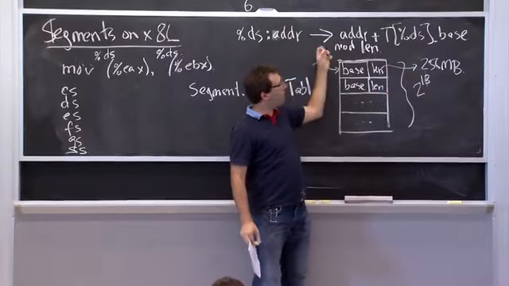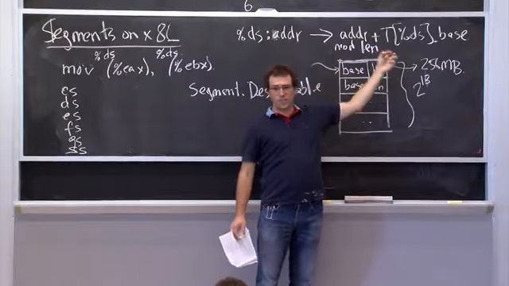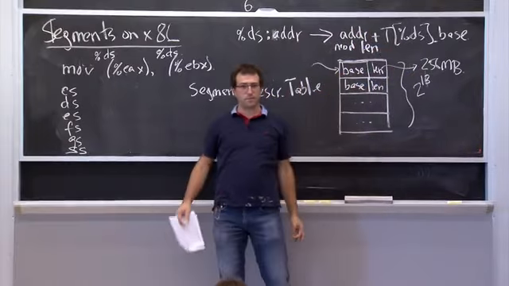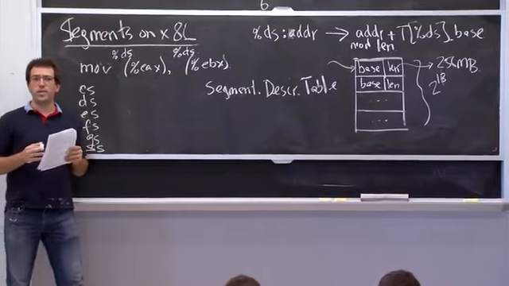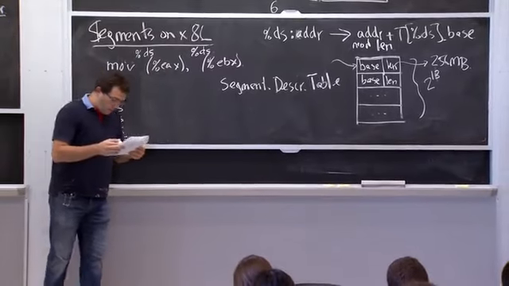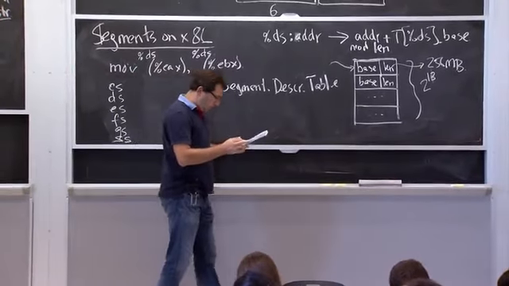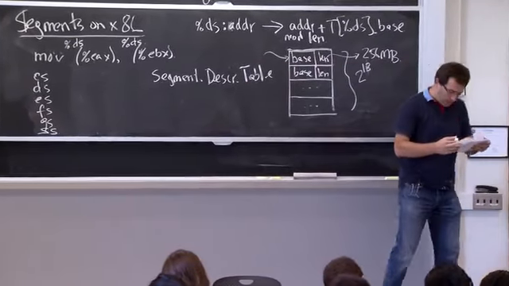So whenever the hardware does a memory access, it's going to mod the offset with 256 megs, and it'll be restricted to that 256 meg range of memory that's allowed for the module to read and modify. Make sense?